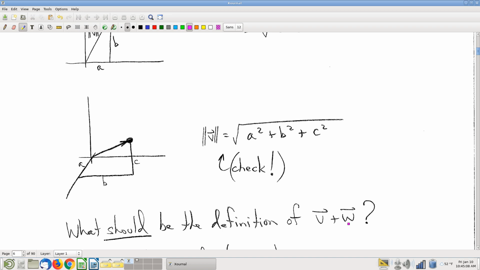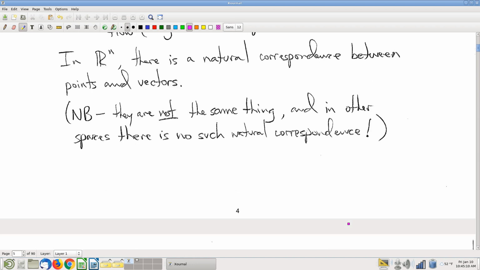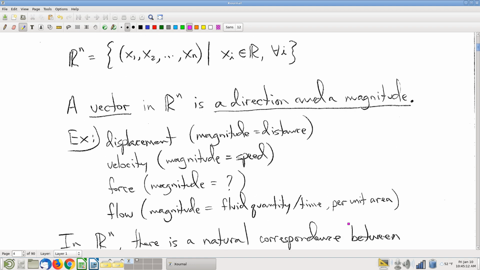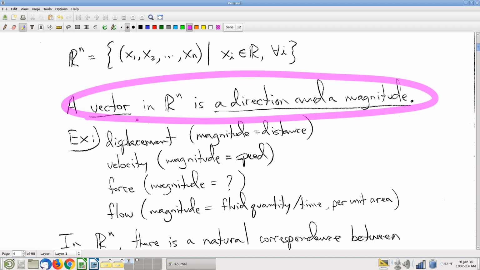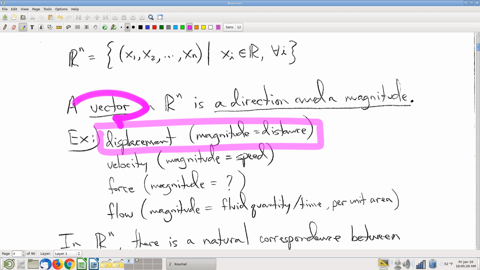Well, let me remind you what vectors are. If we want to talk about the addition of vectors, maybe we better remind ourselves how we think about vectors. My favorite, I think, easiest way to segue into this is to recall that vectors, among other things, represent displacements. So if I'm going to talk about adding vectors, in effect, I'm talking about how should I add displacements, right?